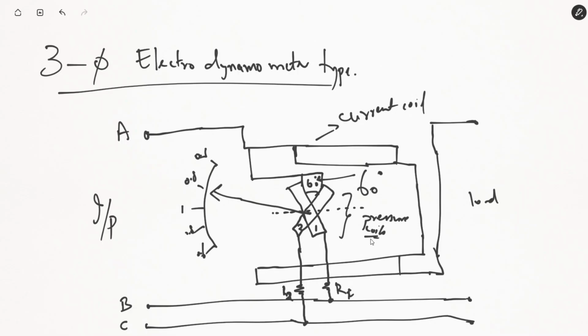VAB is the voltage applied to coil 1 and VAC is the voltage applied to coil 2. So VAB and VAC have a certain phase difference between them. That means the current flowing through these two paths will also have the same phase difference if they are purely resistive. We are only introducing resistances here.